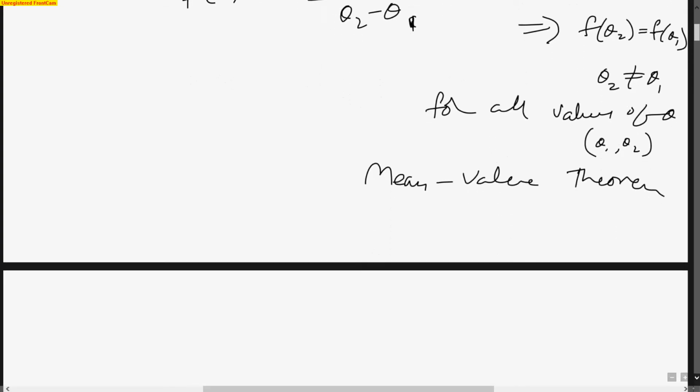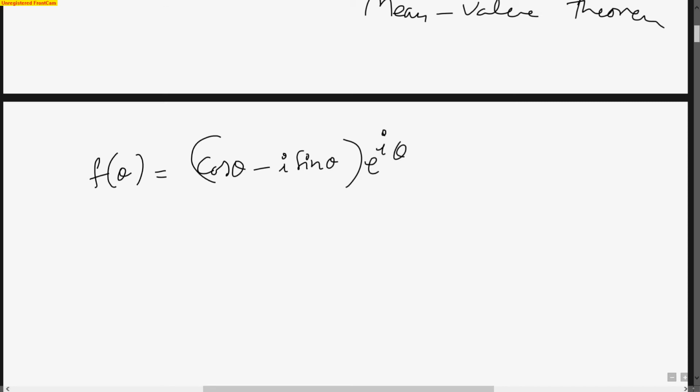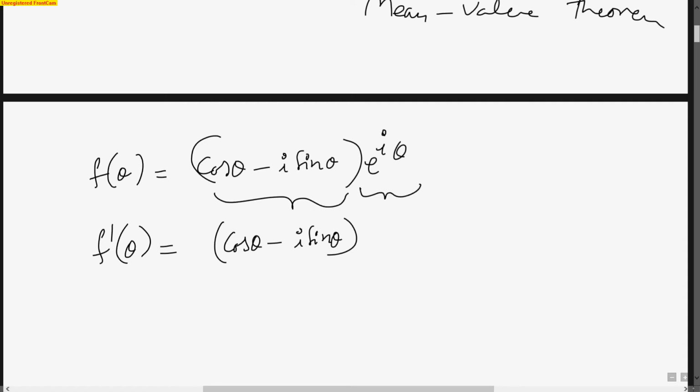Okay, let us derive Euler's formula. Let us take f of theta is equal to cos theta minus i sin theta times e power i theta. Let us differentiate this function. f prime theta is equal to, this is in the form of u v. Let us consider cos theta minus i sin theta as u and e power i theta as v.